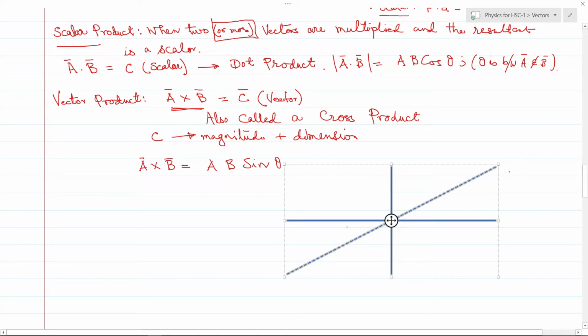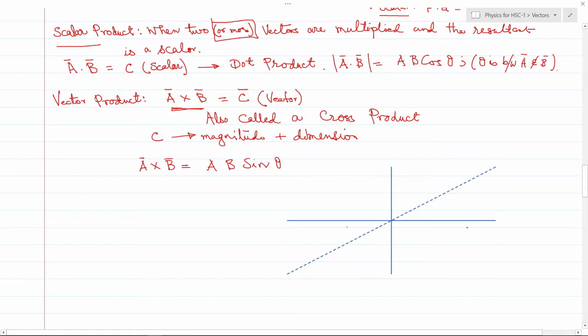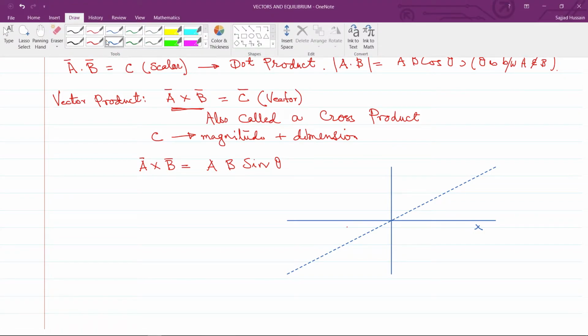So now we can say that this is our x-axis, or let us follow the right hand rule, that will be easy for us.